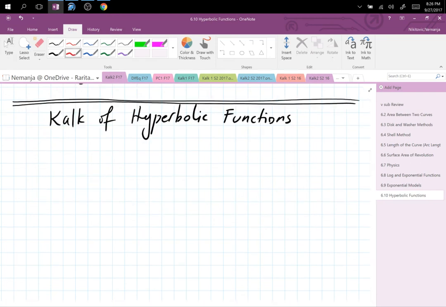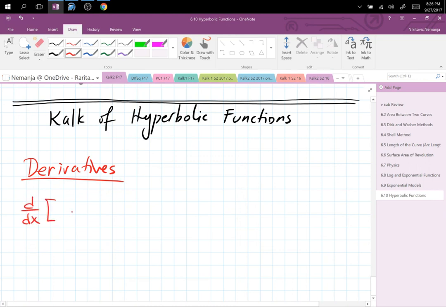So we start by memorizing derivatives. The derivative of sine hyperbolic x is cosine hyperbolic x. Right? The derivative of cosine hyperbolic x is sine hyperbolic x.